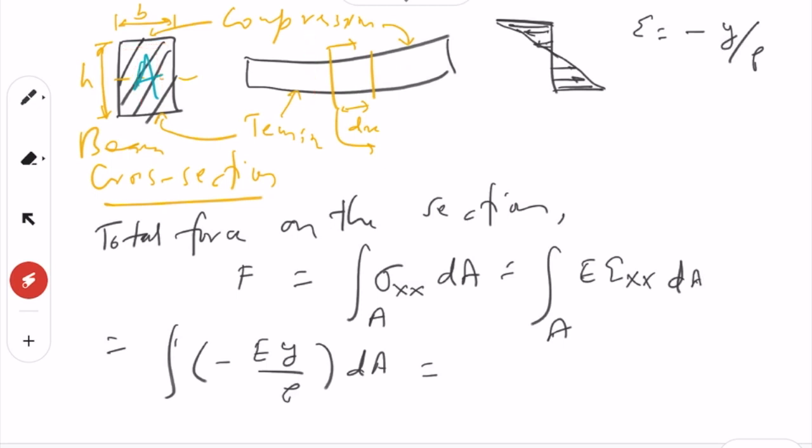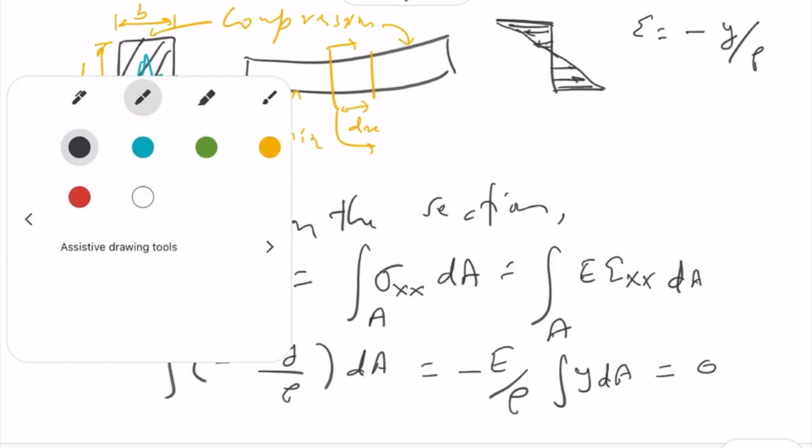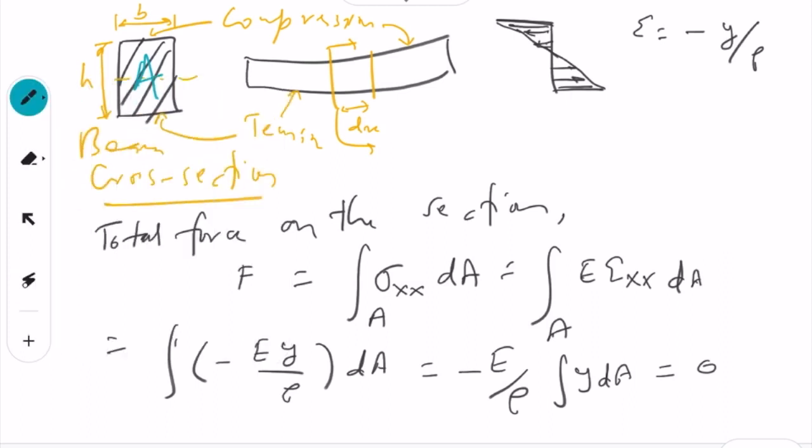So what we get is minus E over rho times the integral of y dA, and the total force has to be 0, so this will be equal to 0, because there is no axial loading.